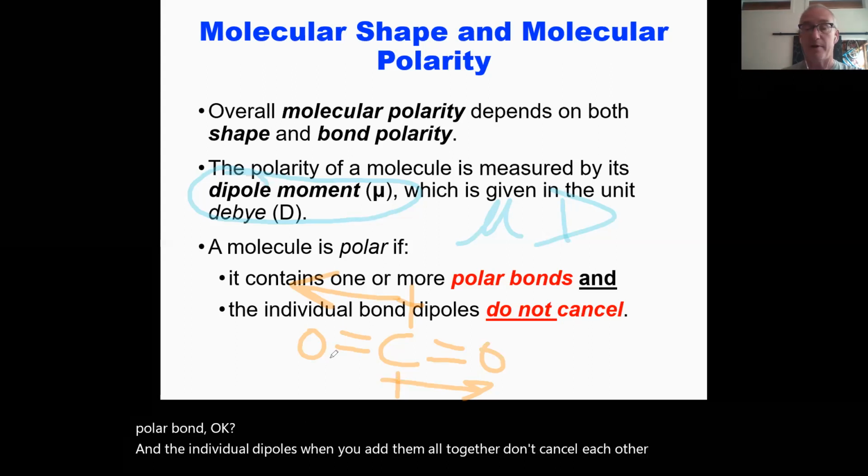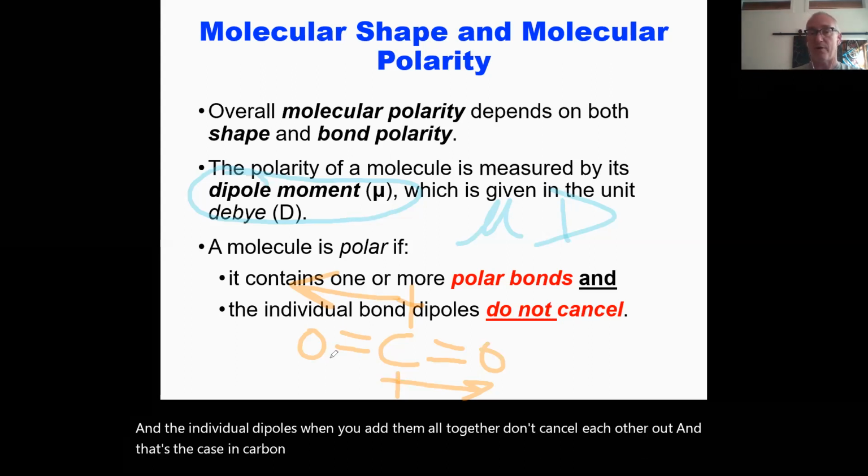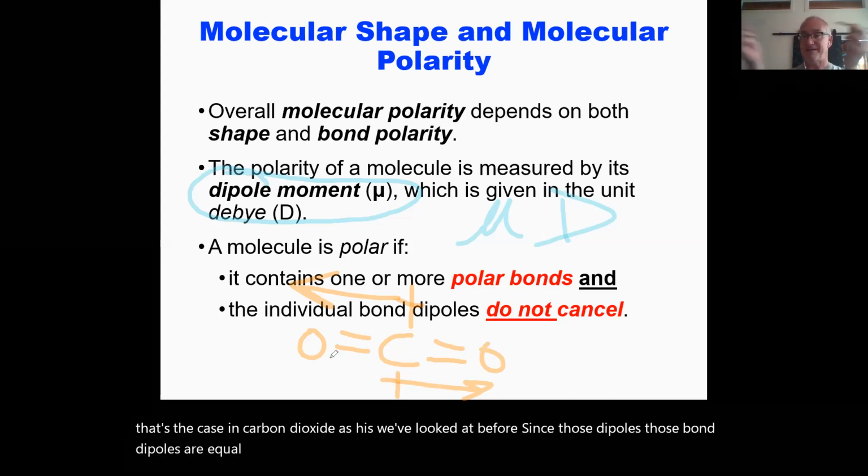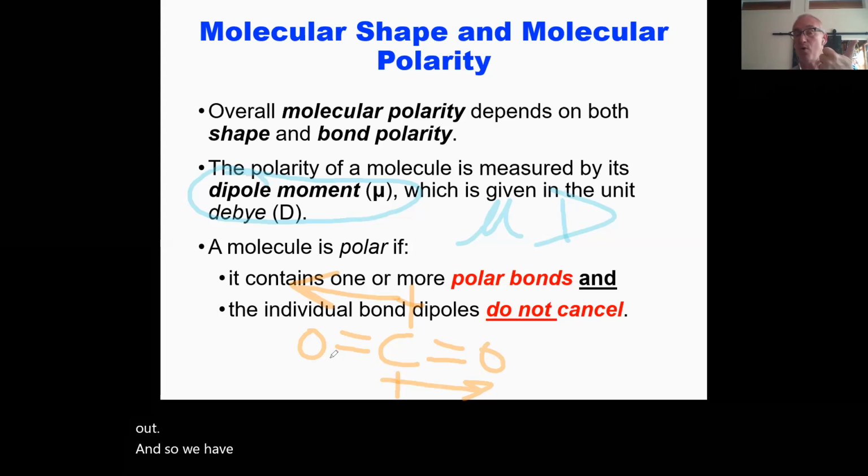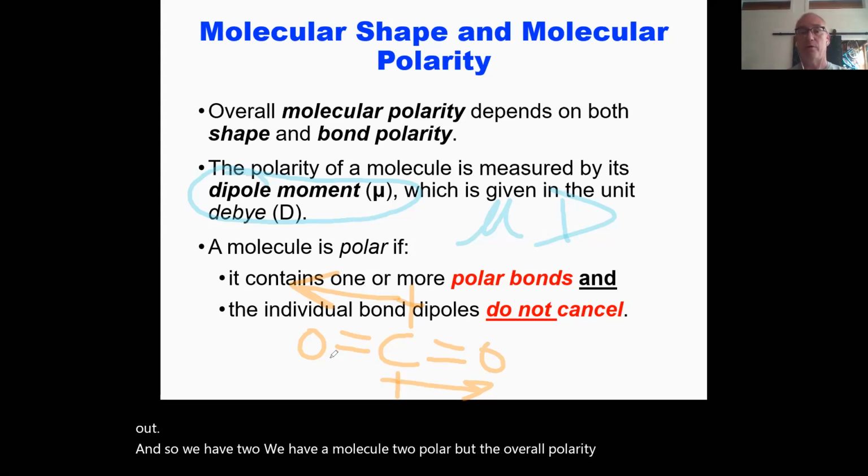And that's the case in carbon dioxide, as we've looked at before. Since those bond dipoles are equal and opposite and pointing exactly opposite each other, they cancel each other out. And so we have a molecule with two polar bonds, but the overall polarity of the molecule is non-polar, okay?